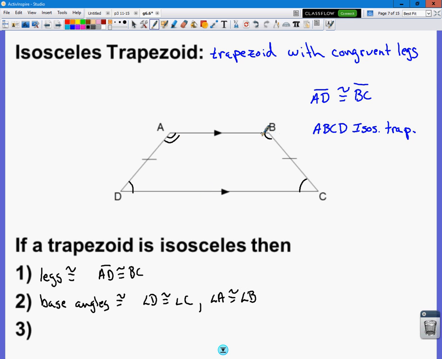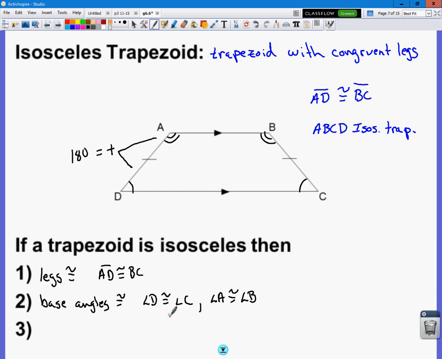I thought they had to add up to 180 though. A and D have to add up to what? 180. These are same side interior angles. But the pairs of base angles, the two angles that are on the same base in an isosceles trapezoid, will be equal.